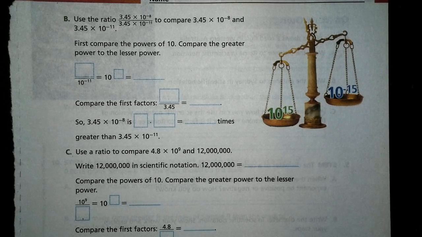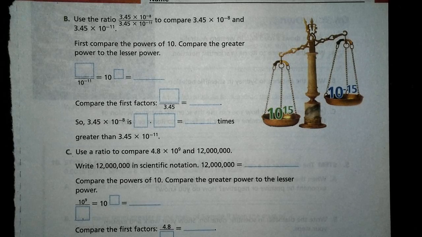First, compare the powers of 10. Compare the greater power to the lesser power. So remember, the higher the exponent, the greater the number. All right, so in this case, negative 8 and negative 11. Negative 8 is closer to 0 than negative 11 is, so negative 8 is greater.